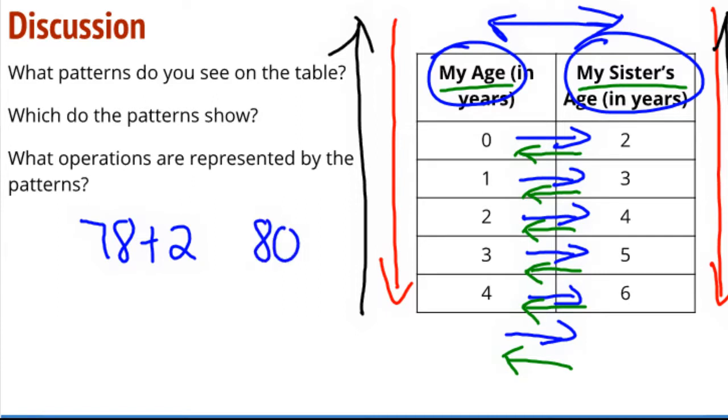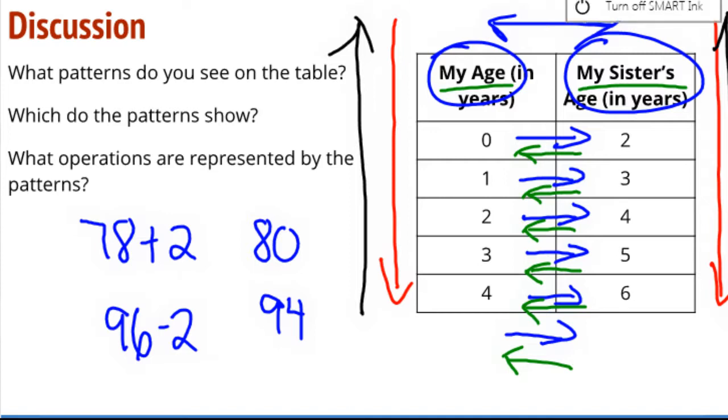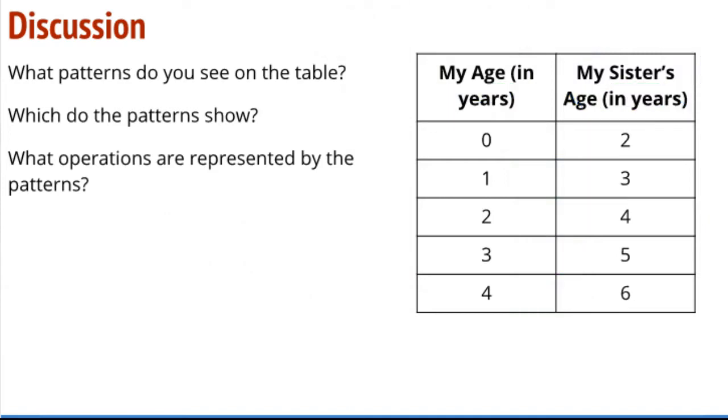I can say that the sister's age is 96, subtract 2, and know that my age is 94. And I can find out that information without extending the table. So as we're looking at patterns, I want you asking yourself, what is the most powerful pattern, the pattern that is going to give me the greatest amount of flexibility to work with the information that I have?